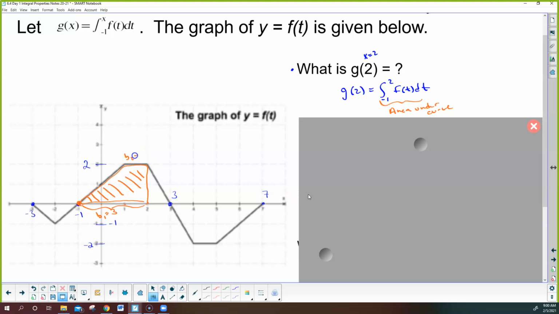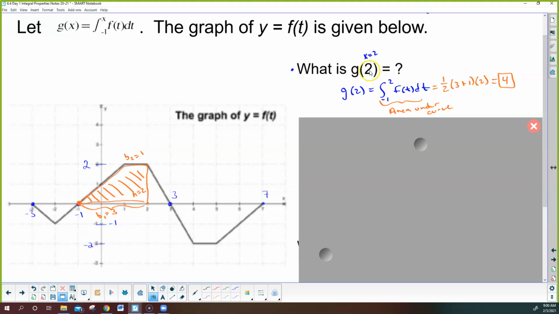Base 2 is equal to 1. And then the height is 2. Right, so I might throw that in there. The height is 2. We're just going to use our regular area formula. And we can simplify that and get 4.